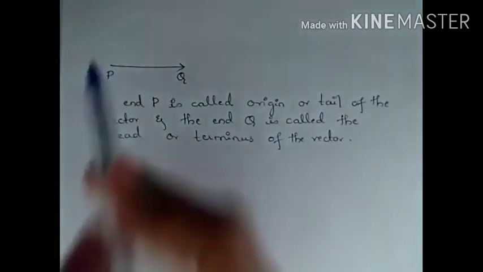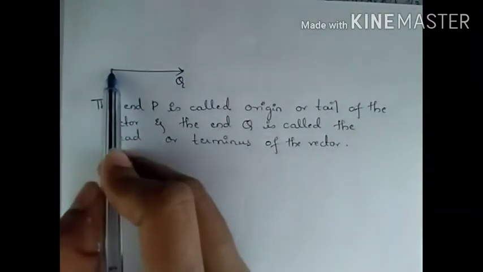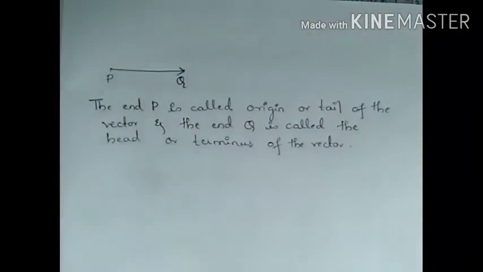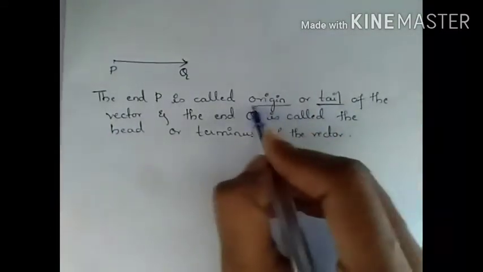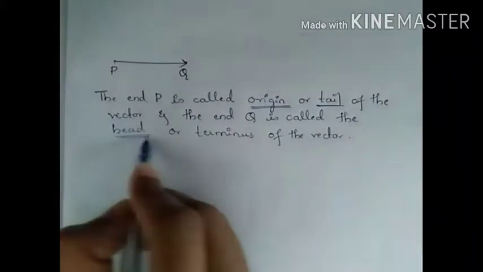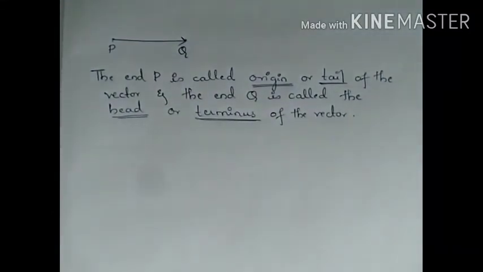In a vector you have the tail part and the head part. The tail part here is the P part, the head part here is the Q part. The tail part is also known as the origin and the head part is also known as the terminus. These are the basic things you need to understand about the vector.